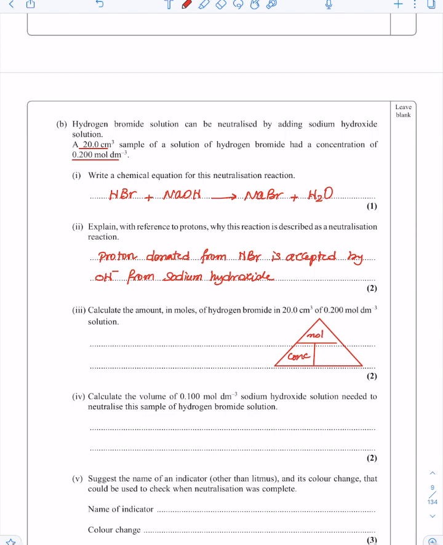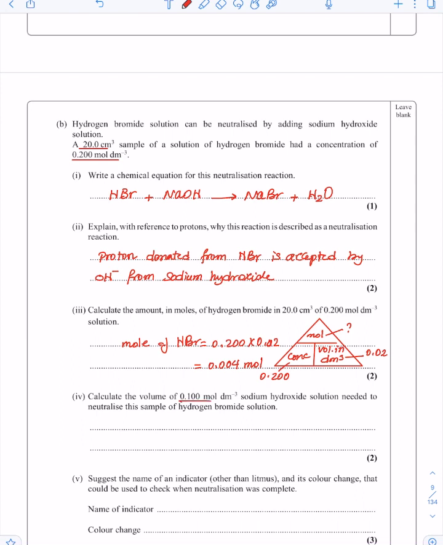Concentration is equal to moles over the volume in cubic decimeter. I have the volume, which is 20, but it must be in cubic decimeter, so 0.02, and I have the concentration 0.200, and what remains is to find the moles. So the moles of HBr is equal to the concentration, 0.200, times the volume, 20 over 1000, which is 0.02. The moles come out as 0.004. So this is the moles of HBr.